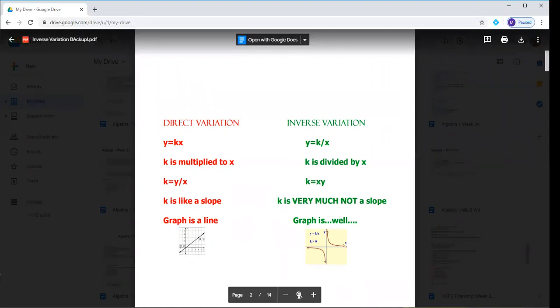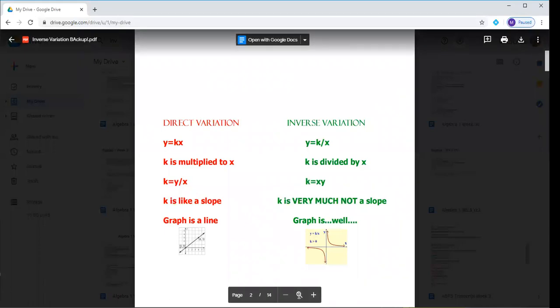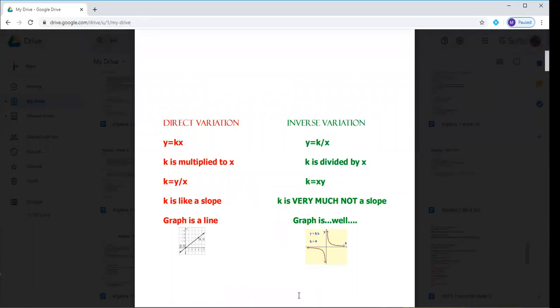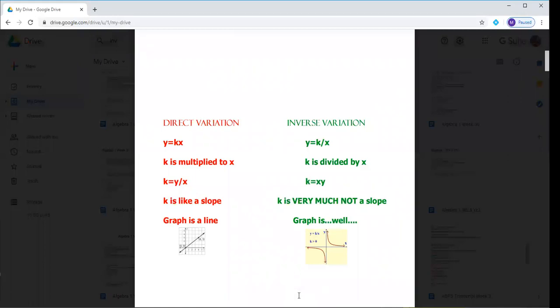In inverse variation, it's y equals k over x. So in direct variation, there's no division here. Inverse variation, there's division. In direct variation, k is multiplied to x. And in inverse variation, k is divided by x. In direct variation, to solve for k, you did y divided by x, right?